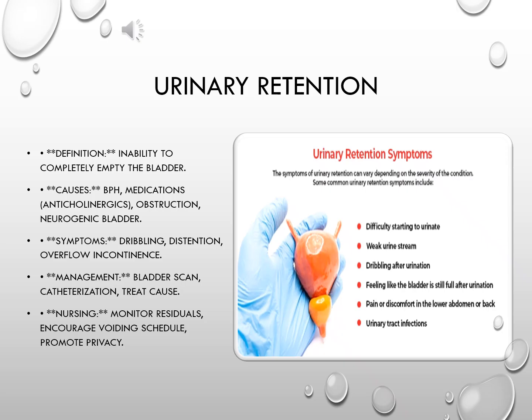A lot of medications like anticholinergics or antihistamines, opioids or anesthesia can cause a neurogenic or a loss of function with the bladder. For our patients who have had surgery or any surgical procedure where anesthesia is used, anesthesia can actually reduce the detrusor muscle activity in the bladder, so that bladder becomes kind of sluggish and sleepy.